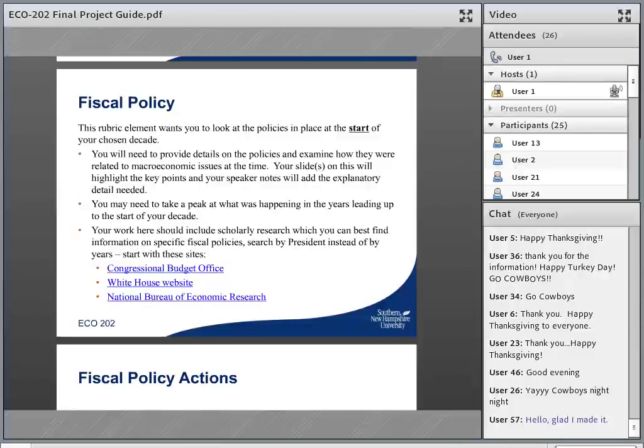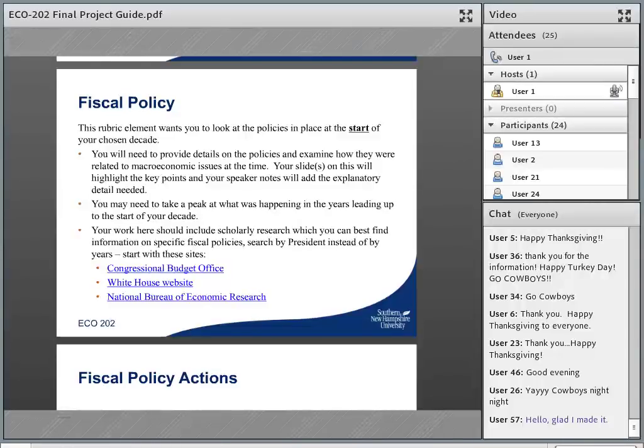I find the aggregate demand, aggregate supply is a little easier to work with, and it's more versatile. So I tend to direct students that way because for me, I feel like it works in more situations, but that's the bulk of what you're going to be working on here.